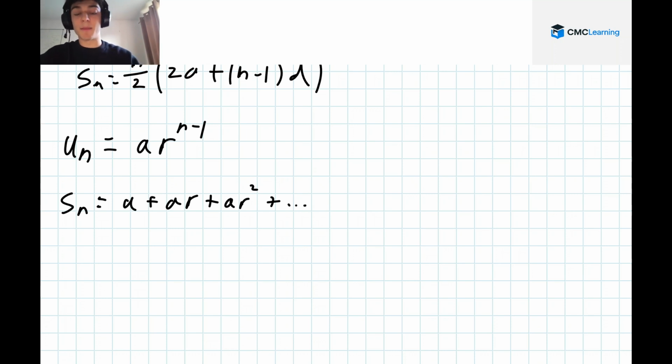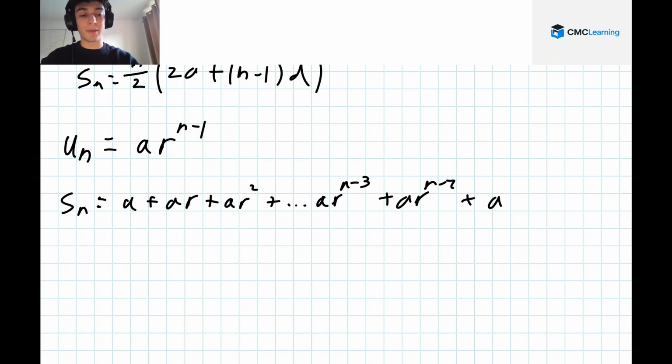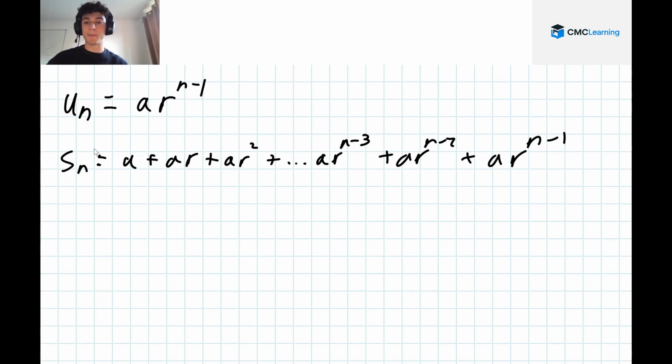And our last three terms, a bit trickier to see, but we simply set n equal to n minus 2, n minus 1, and n. In doing so, we see a r to the n minus 3, plus a r to the power n minus 2. And the final term in this series, a r to the n minus 1, as expected.